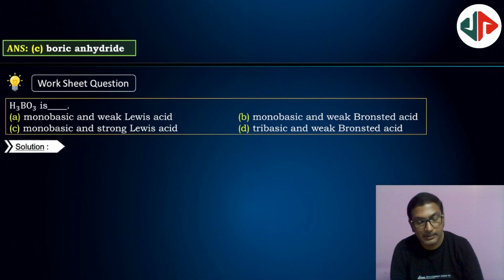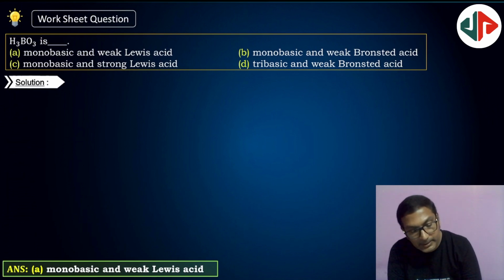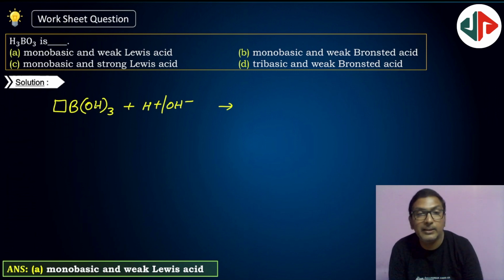Next, H3BO3 is... H3BO3 can be written as B(OH)3. It can react with water, that is H+ and OH-. Here boron has one vacant orbital that can accept OH-.